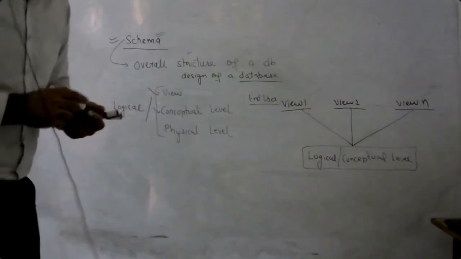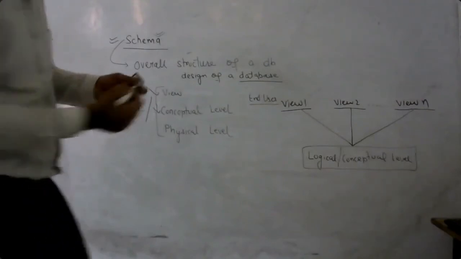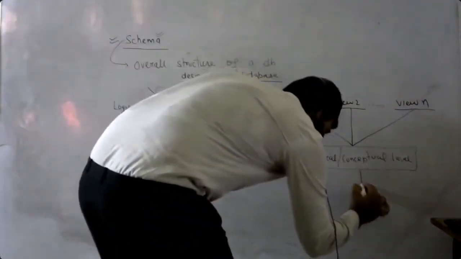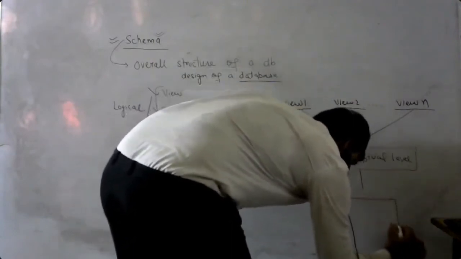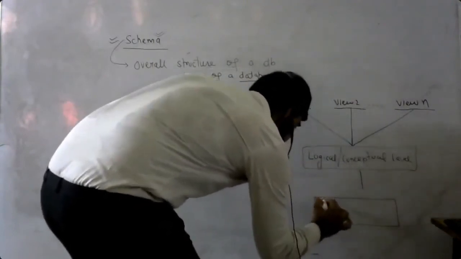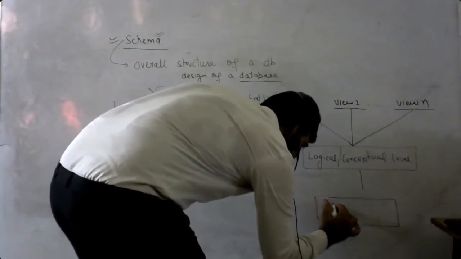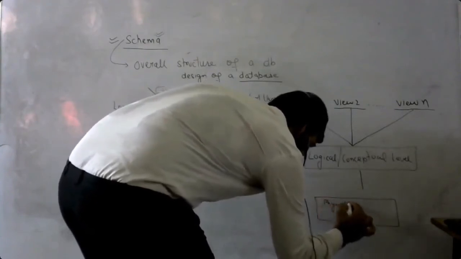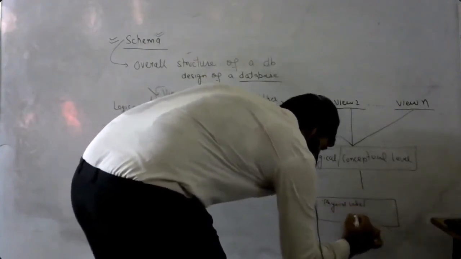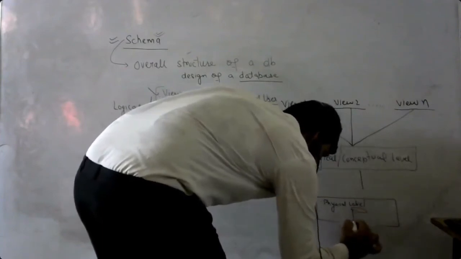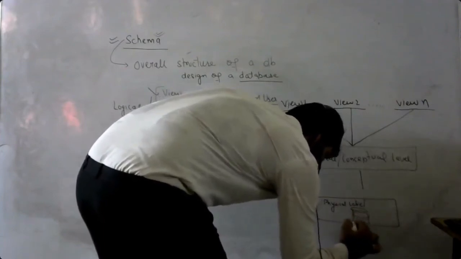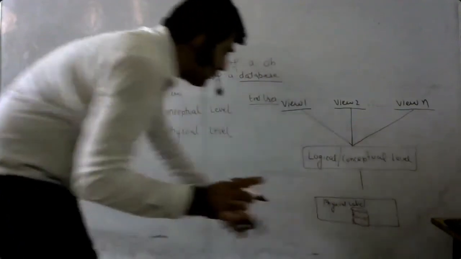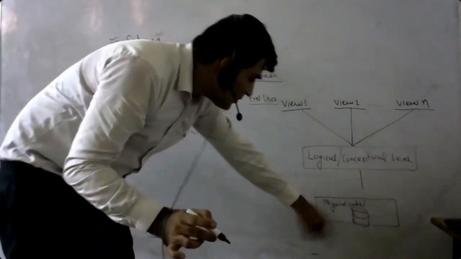And physically, when we talk about the data which is stored on the hard disk, if we talk about this view, that is the physical level. There will be one or more hard disks, or more than one server, on which data is stored.